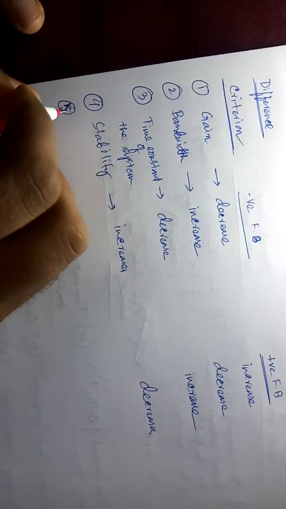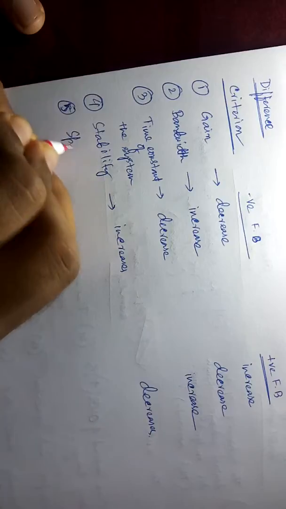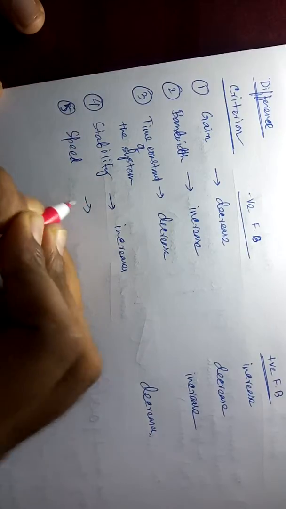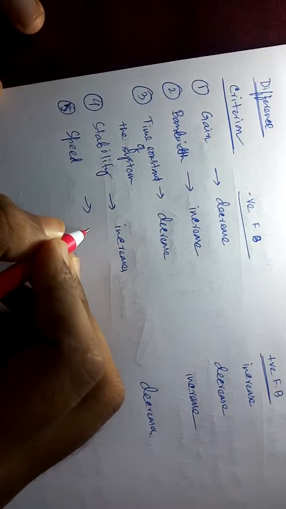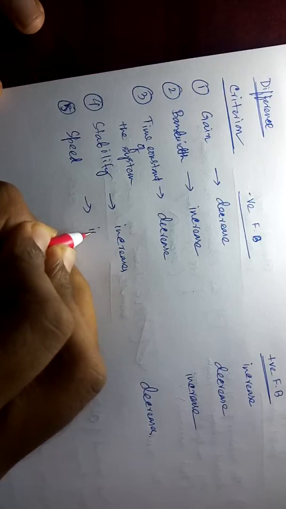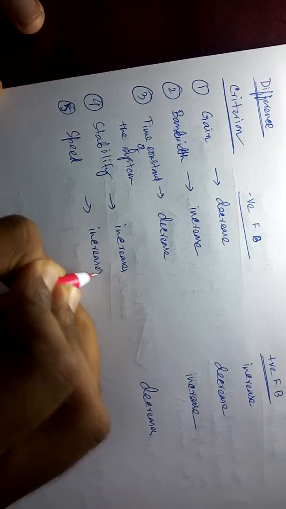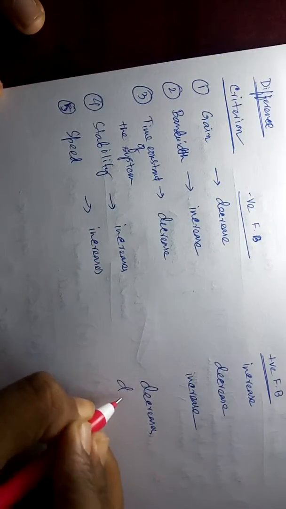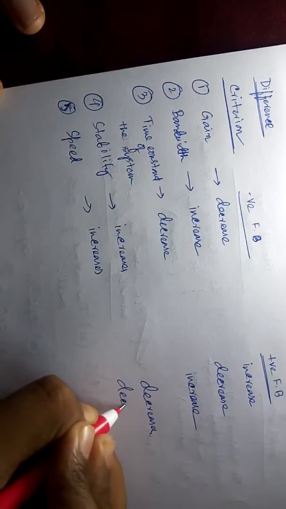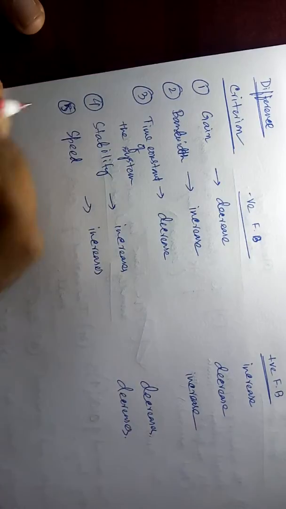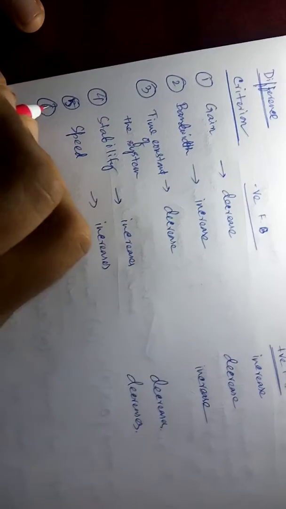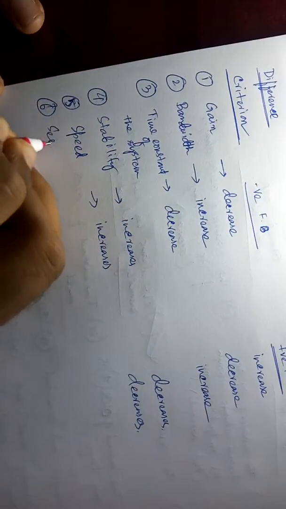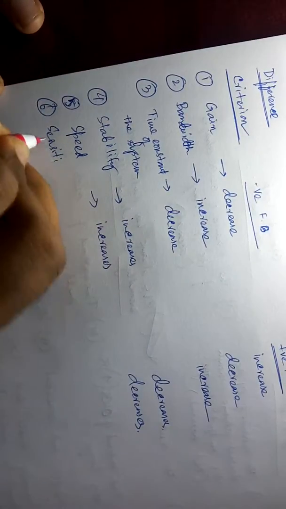Fifth point, that is our speed. Obviously, in case of negative feedback, speed increases, and in case of positive feedback decreases. Sixth point and the last point, that is about sensitivity.